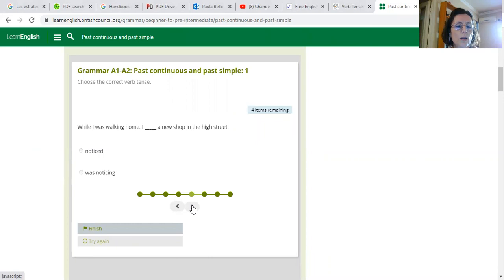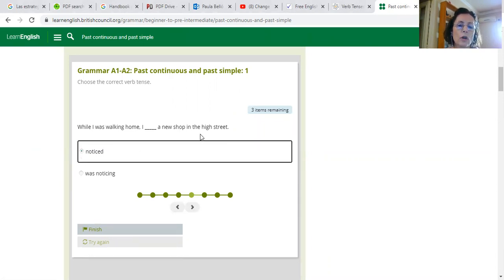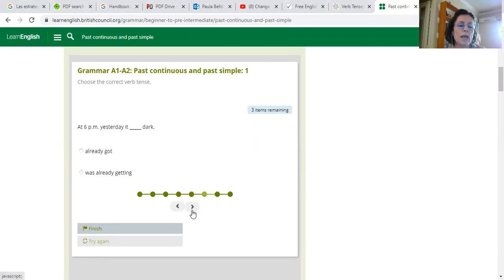While I was walking home, I noticed. Okay, something happened. At 6 p.m. yesterday, this is tricky. How is the process of getting dark? Cuando oscurece, is it a process or is it already got dark?